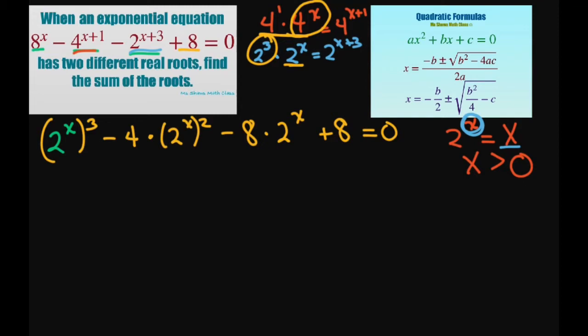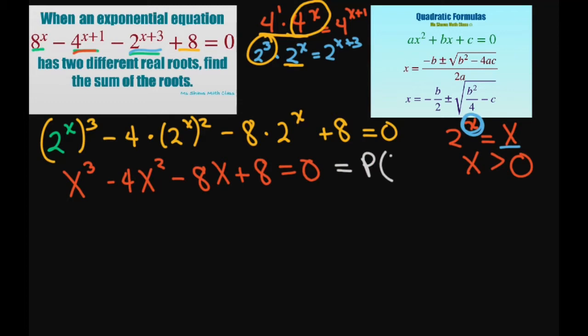So using substitution, we're going to get big X cubed minus 4 big X squared minus 8 times big X plus 8 equals 0. Now let's set this equal to p of X, because it's some polynomial.